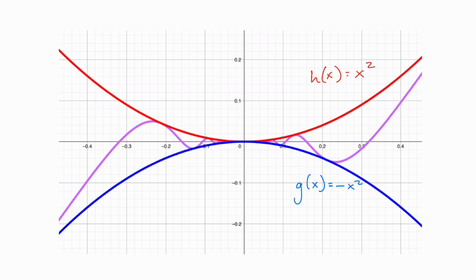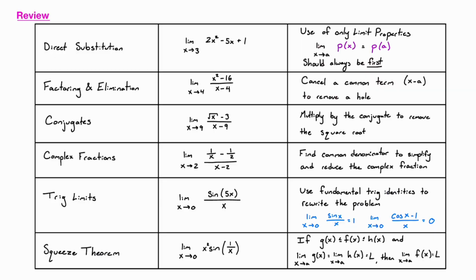It's always going to be less than the red and always greater than the blue, which means at our limit of interest at 0, it's going to be less than or equal to the red and greater than or equal to the blue. And since they were both 0, then at the point 0, our limit must also equal 0 for f of x.